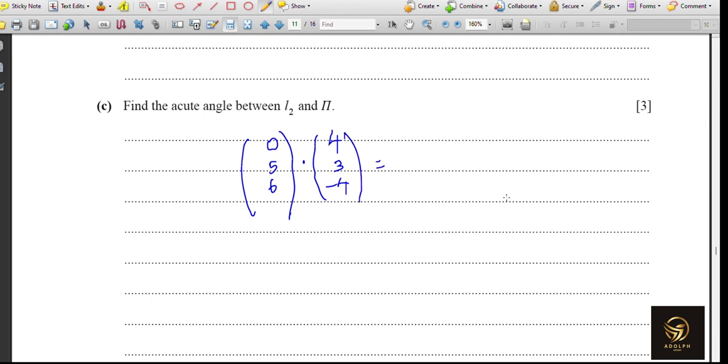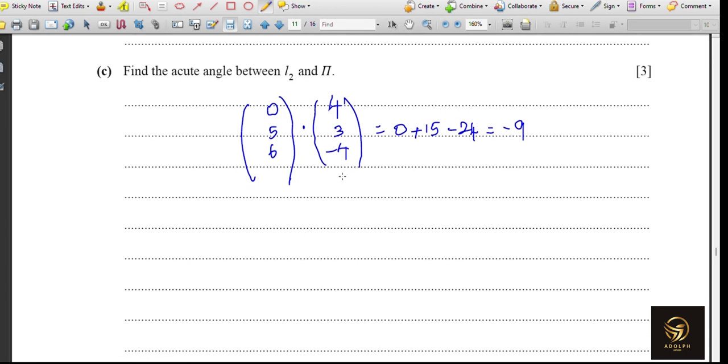If you find the dot product, you will get 0 plus 15 minus 24, which is -9. The modulus of this vector is the root of 0 squared plus 5 squared plus 6 squared, multiplied by the root of 4 squared plus 3 squared plus (-4) squared.